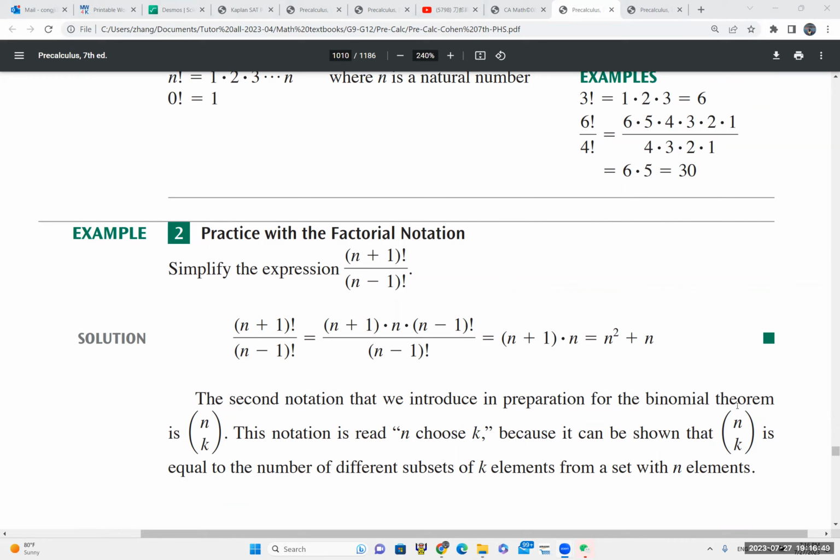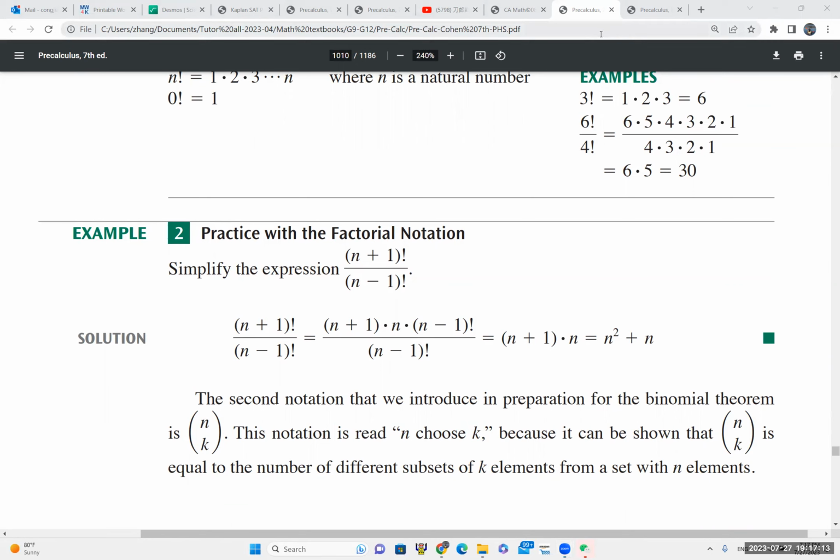It is read n choose k because it can be shown that it is equal to the number of different subsets of k elements from a set of n elements. It's just the idea that you choose k elements from n.